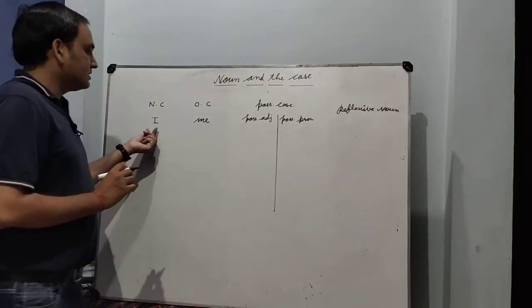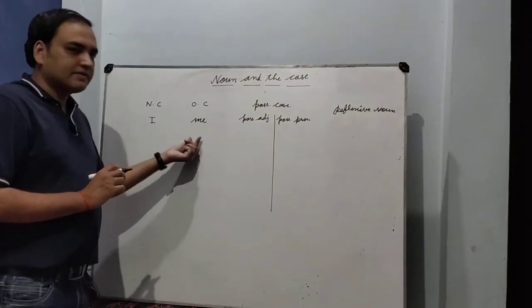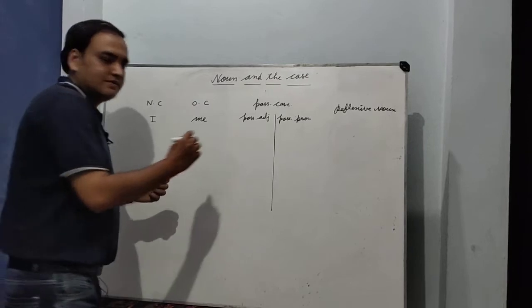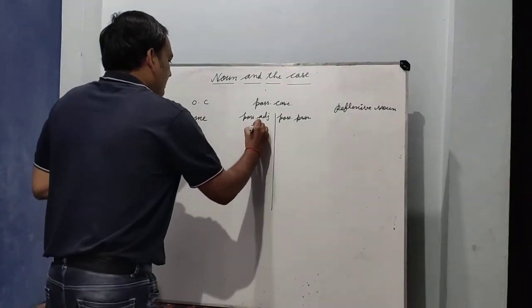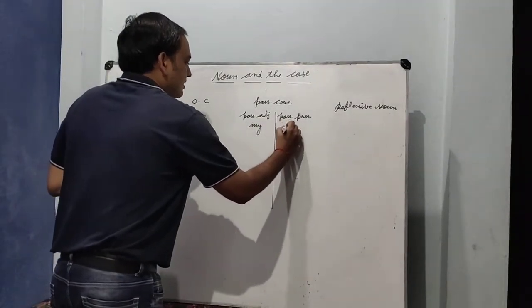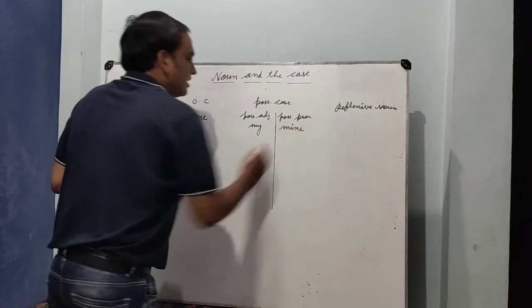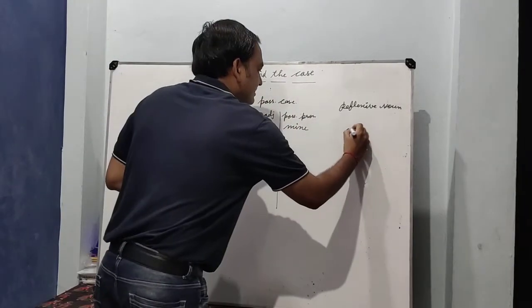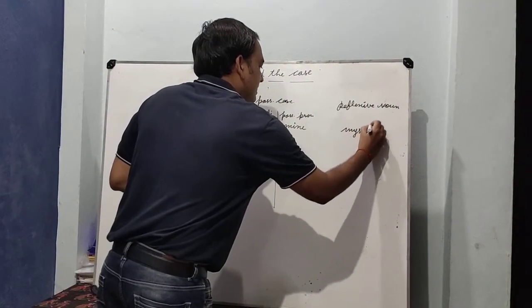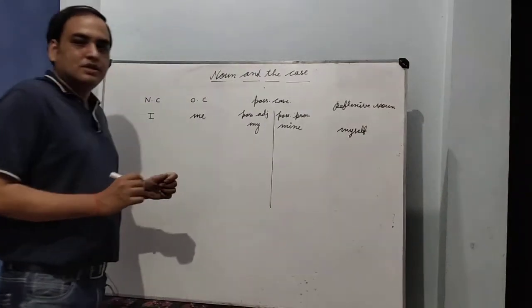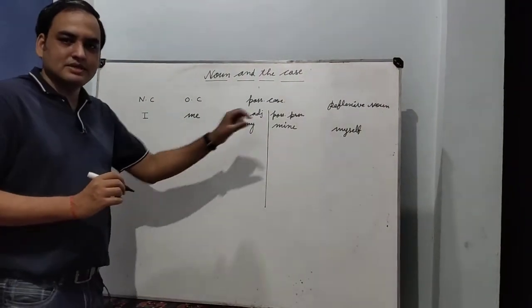So first one is I, its objective case is me, its possessive adjective is my, possessive pronoun is mine, and reflexive pronoun is myself. So these are the words used at various places.